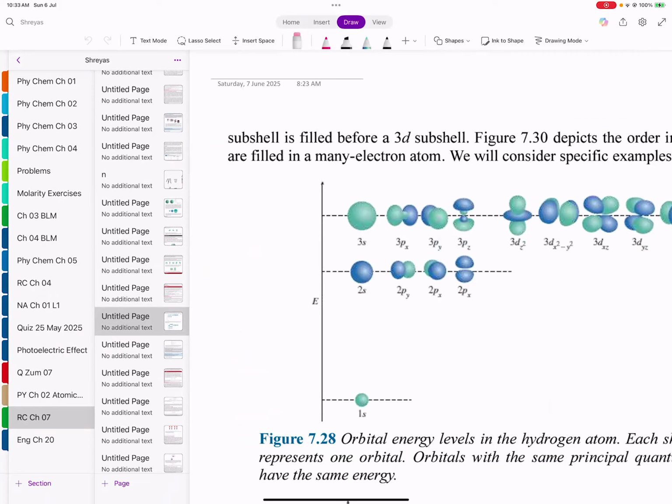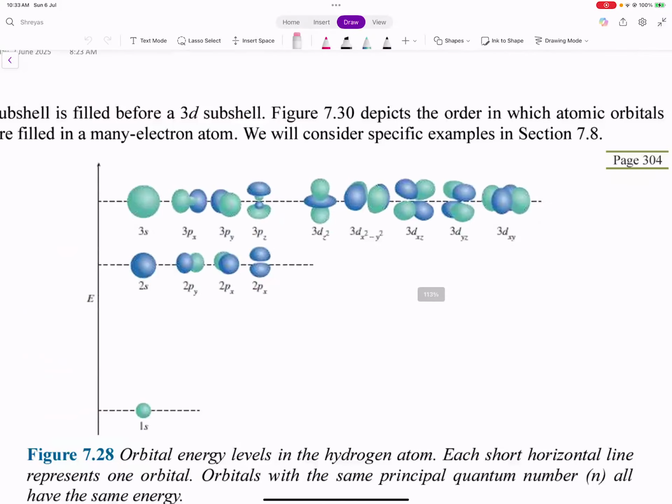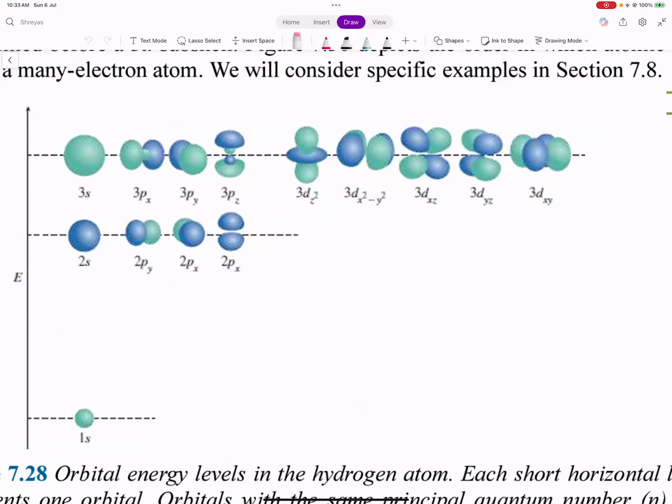We said that in the hydrogen atom, the energies will depend only on the n value, because it doesn't have any fancy orbitals. No, it is not due to that.